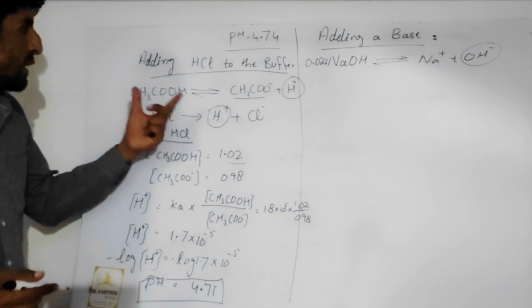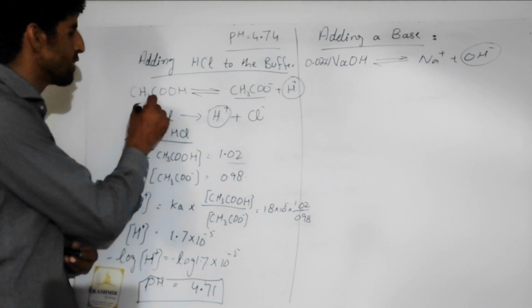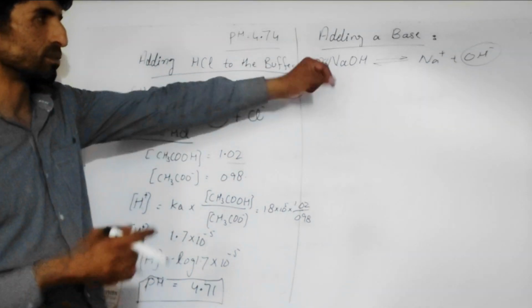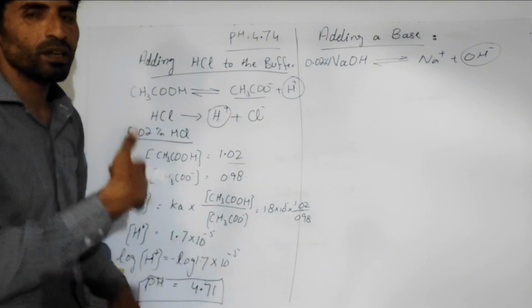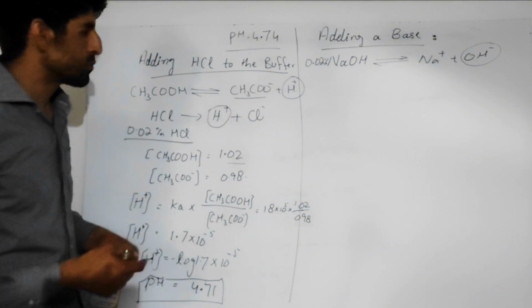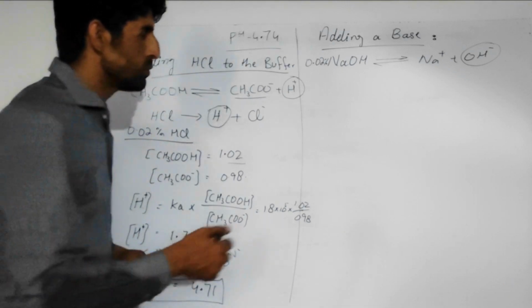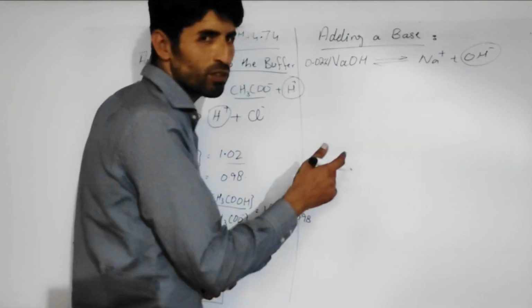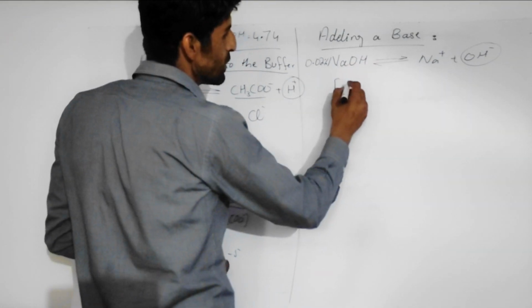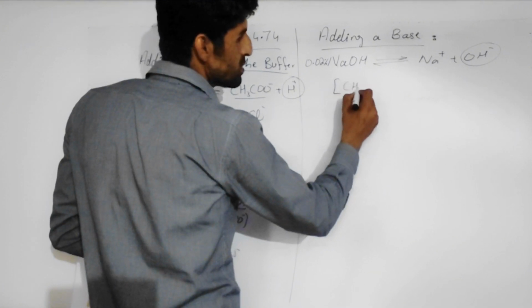So in this case, the concentration of acetic acid will decrease as it ionizes further, and the concentration of acetate ions will increase.